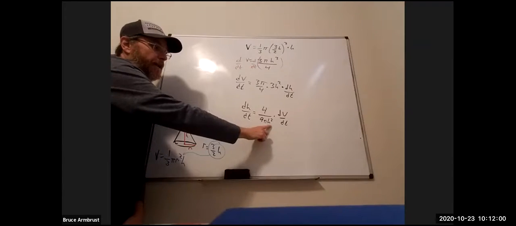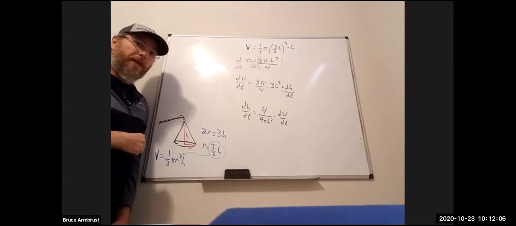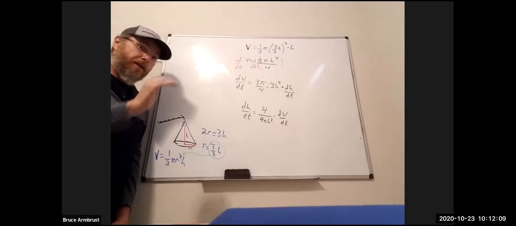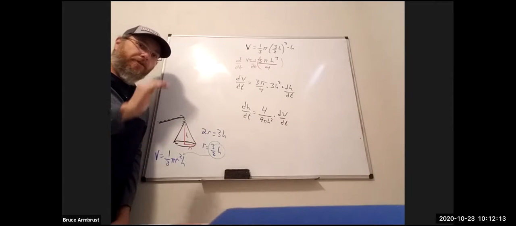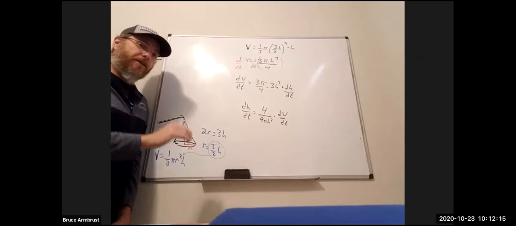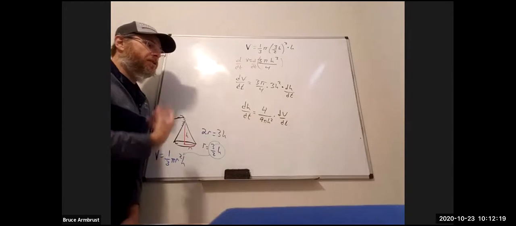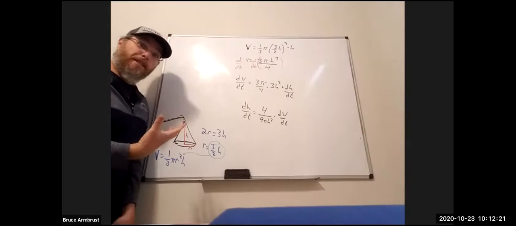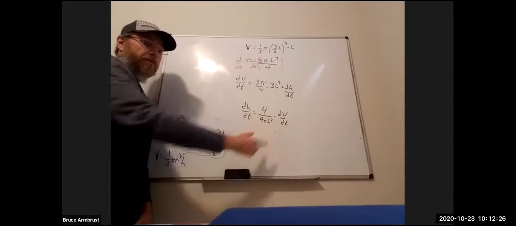And we also need to know how quickly stuff is coming on, which totally makes sense, right? If there's more sand coming on quickly, then the height is going to change faster. If it's slowly being added on, the height will slowly change. So that's kind of what I was talking about before with the bird example, that it makes sense that it should depend upon both of those quantities.